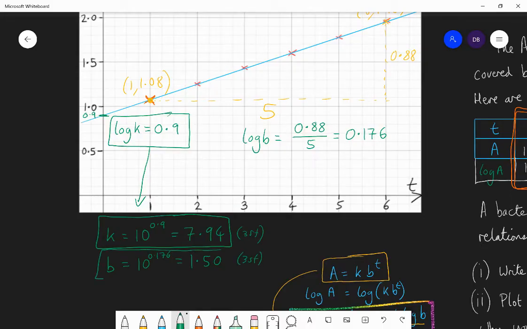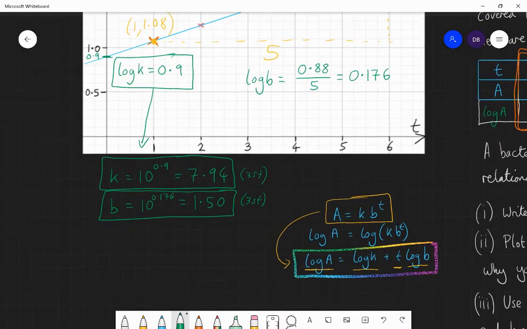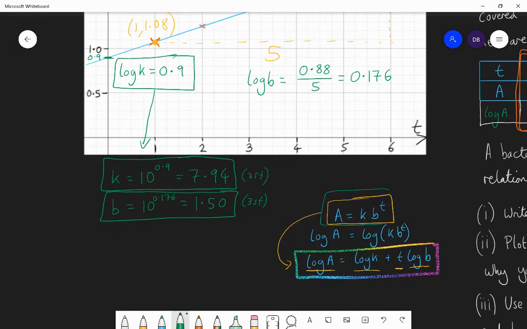So we've done this question now. We've done this part. We found the value of b and the value of k. But a good idea would be to rewrite the bacteriologist's formula with these values. So our model for the data, which the bacteriologist thought would be a equals kb to the power of t, we can now write with those actual values. So a is equal to 7.94 multiplied by 1.50 to the power of t, approximately.